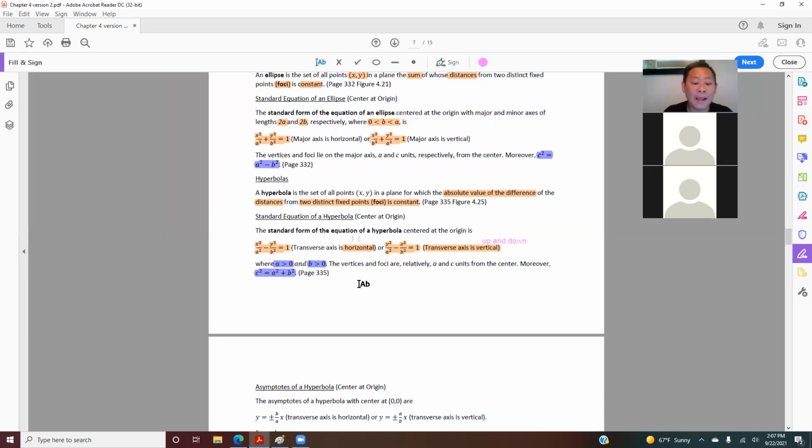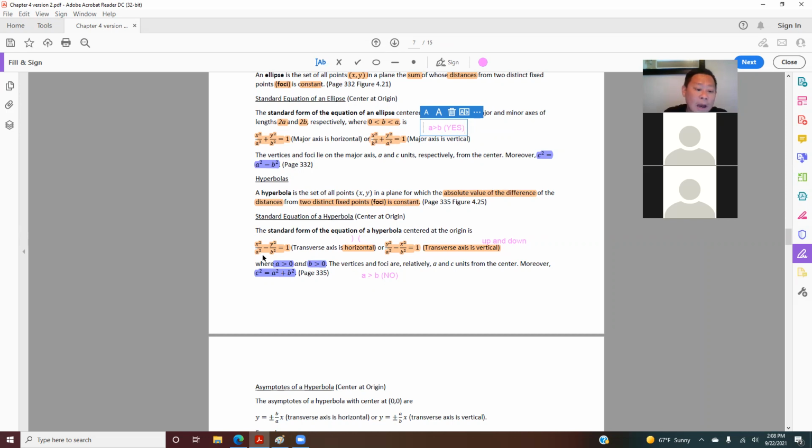In a hyperbola, it doesn't say that your A has to be greater than B. No. In an ellipse, yes, A must be greater than B. And for the hyperbola, no, it's not necessary.